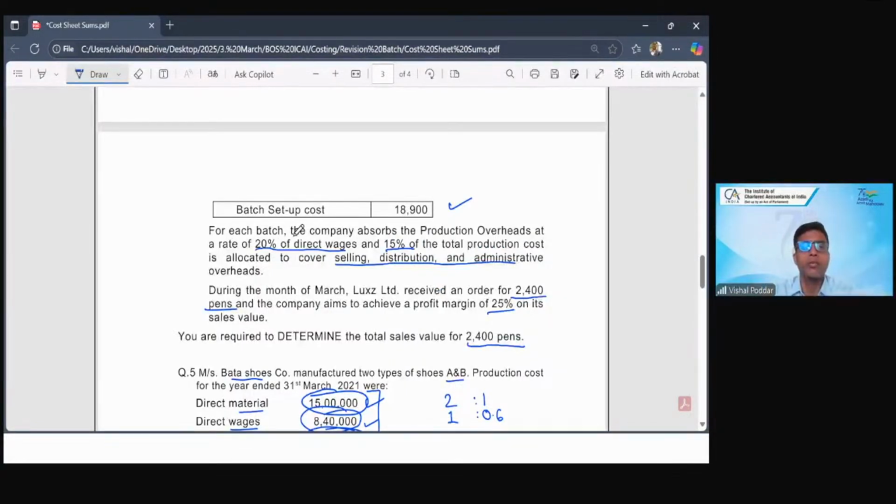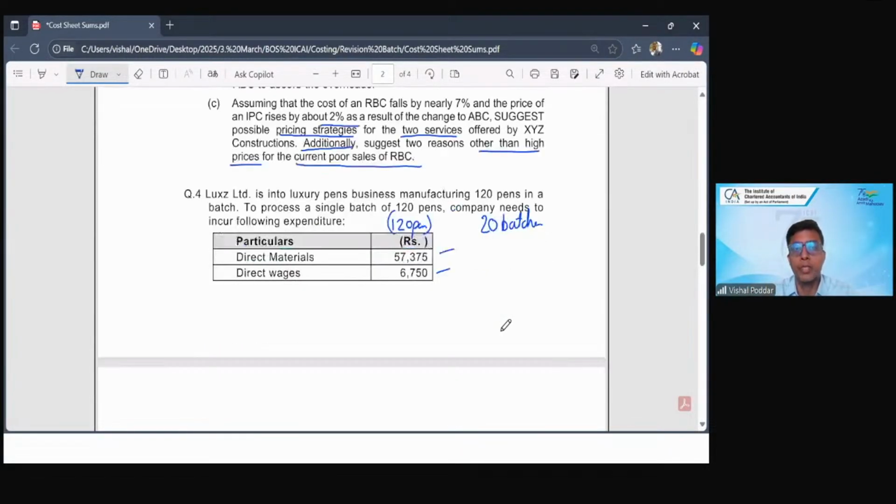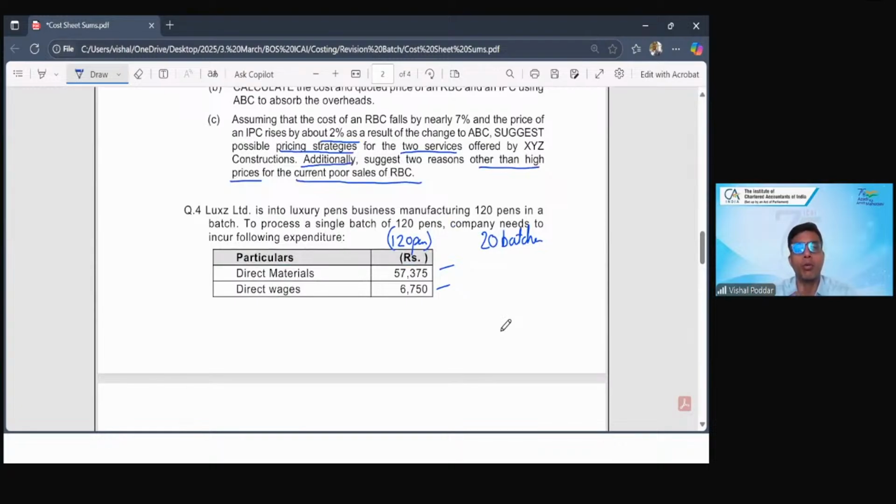Now, when you receive an order of 2400 pens, which is 20 batches, it is not that by doing setup once you will be able to produce all 2400. The language of the sum suggests that in one batch you can only make 120 pens. So one setup will not run for any number of pens.